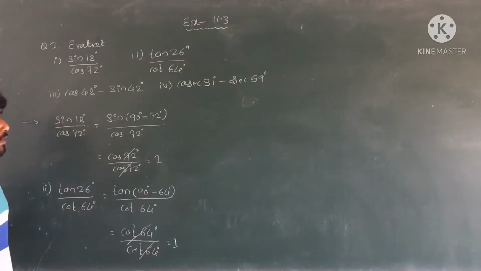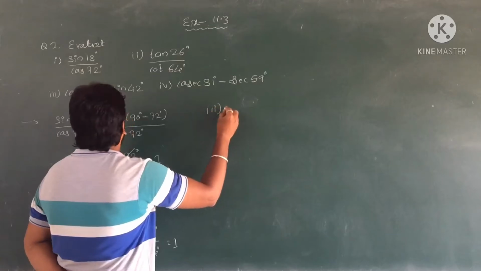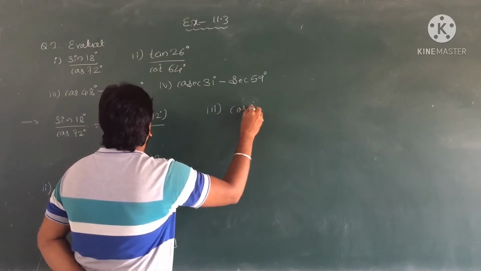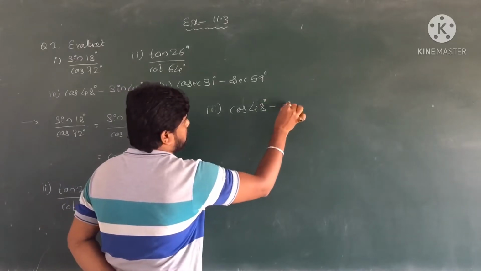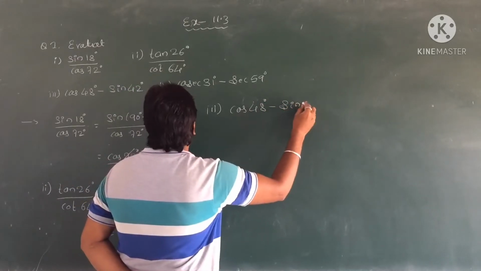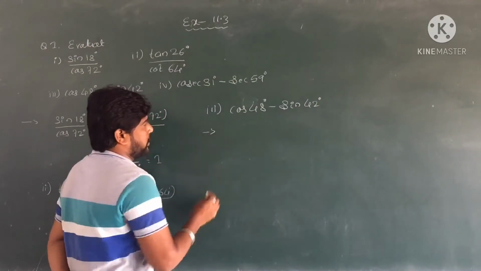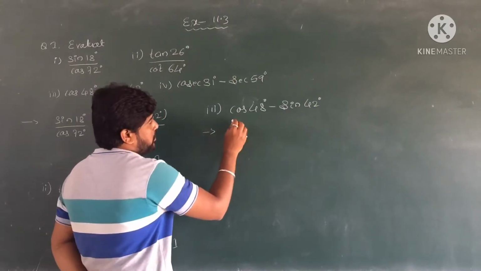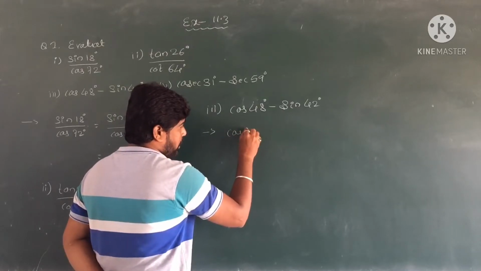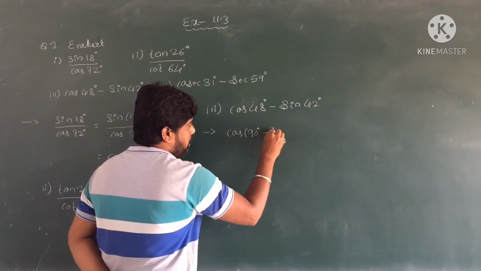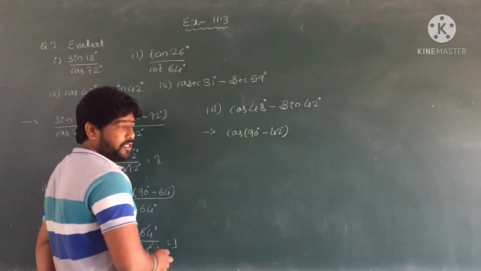Right? So similarly, next one, third one: cos 48 degrees minus sin 42. So here cos 48 we can write as cos(90 minus 42). 90 minus 42 is 48.